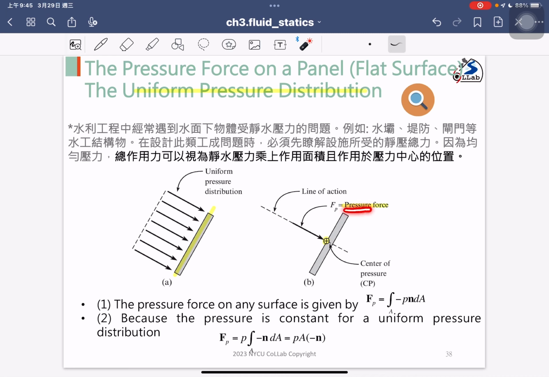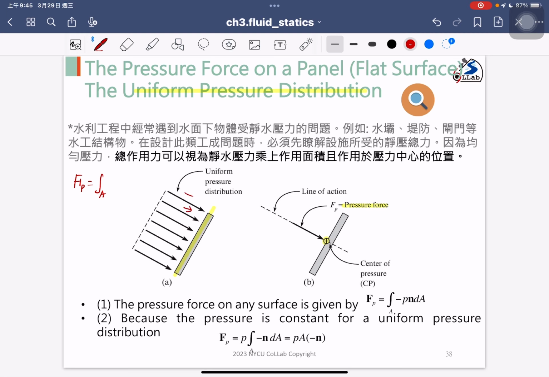And what pressure force will we have? So we do the integration, because we know F_P integrates over all the areas where we have the pressure.